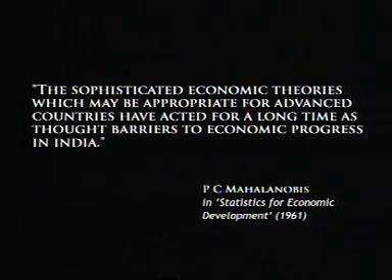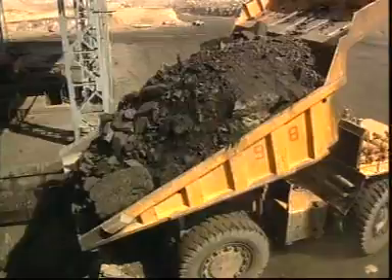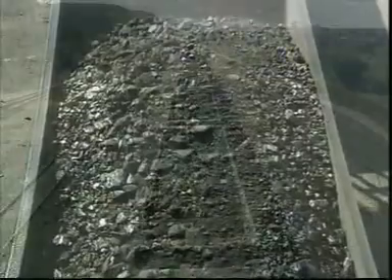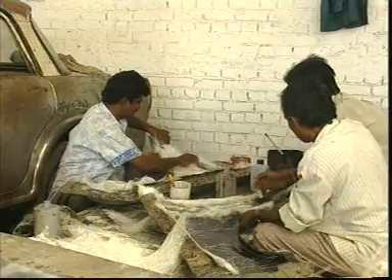He said, sophisticated economic theories, which may be appropriate for advanced countries, have acted for a long time as thought barrier to economic progress in India. Indeed, his approach did not follow the tenets of established economic theory. The physicist in him prompted him to develop some simple mathematical models to isolate important sectors of the economy and study their interdependence.